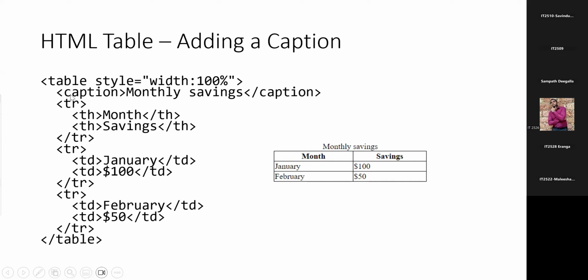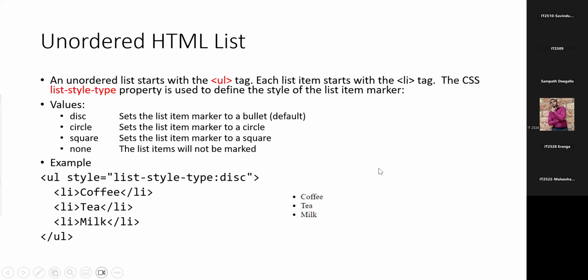So for that, you can use caption, and then you can write down whatever information you want to display as a caption for that table. So in this particular example, we have a table with 3 rows, month and savings, and then we use a caption, monthly savings, here. So I think you can try it later on.